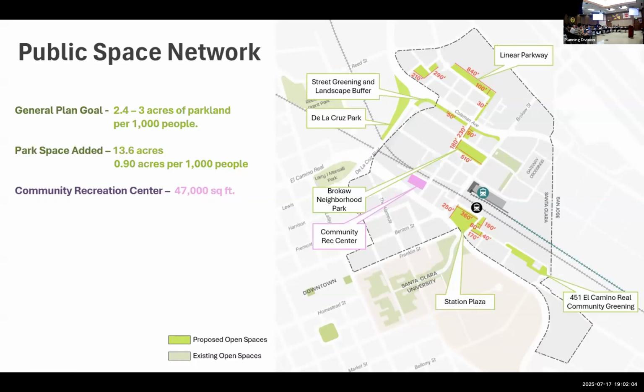And so this diagram would highlight the sizing and the dimensions that we're looking for, to make sure that when these spaces come about, they're in usable dimensions based on the space studies that we did in the past. And it also highlights the location of a potential community rec center.